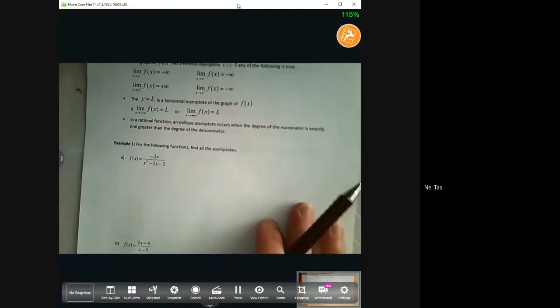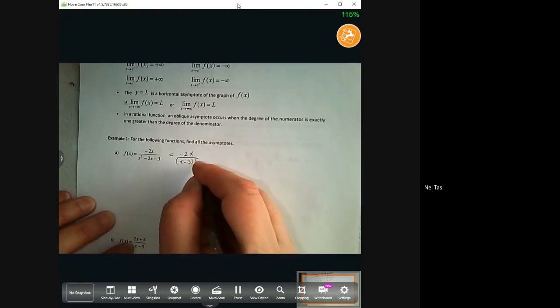So example 1: for the following function, find all the asymptotes. The first thing we should do, of course, is factor, and the zeros of the denominator give you vertical asymptotes.